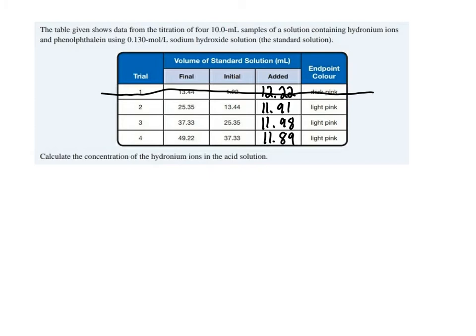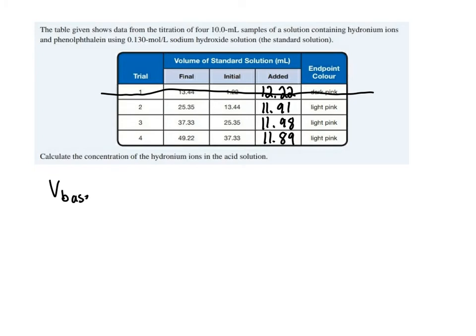So now what we need to do is figure out the volume by adding up the rest of the volumes right here. The volume of the standard solution, in this case, was sodium hydroxide.